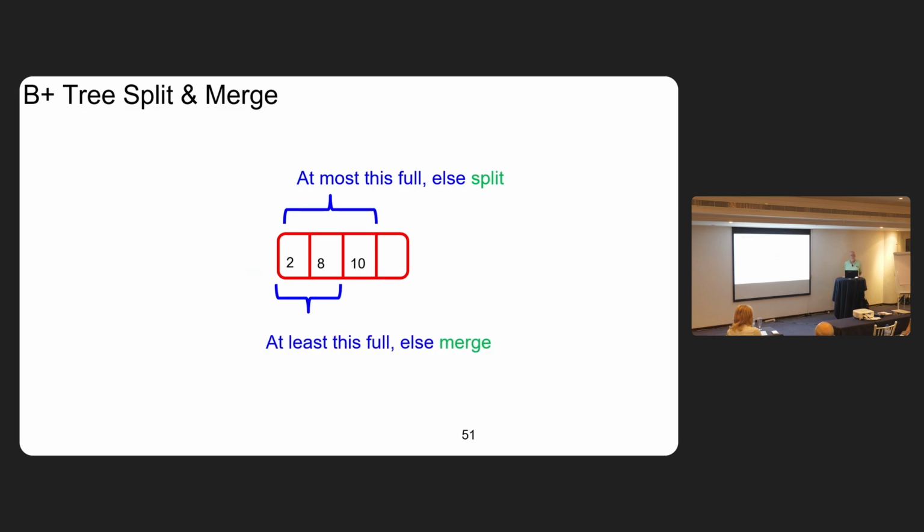The B+ tree rules are that each node has to be at least, in this case, half full, but it can't be more than, say, 3/4 full, except transiently during an operation. So if your node gets too full, you split it into 2 nodes and readjust the tree. And if it gets too empty, you merge it with another node.